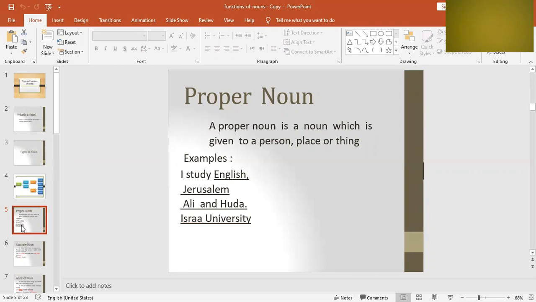Also names of streets and places, Omar al-Mukhtar Street, Gaza Street, names of universities, Isra University. So it's names of things or people, what we call a proper noun, or in Arabic, asma al-alam.